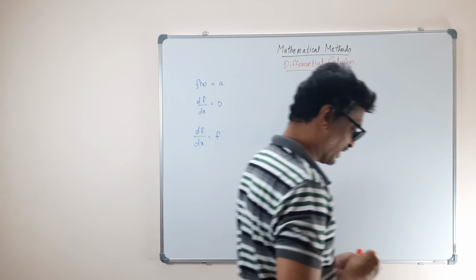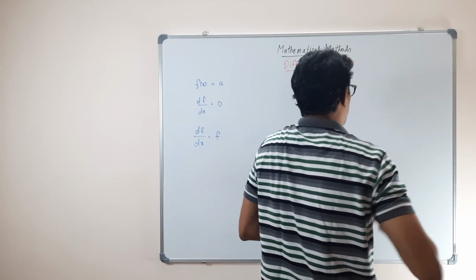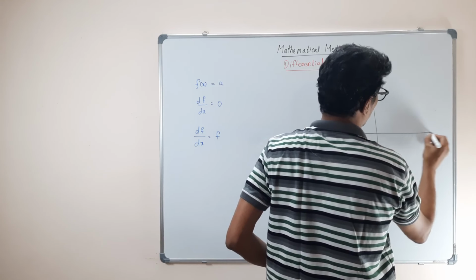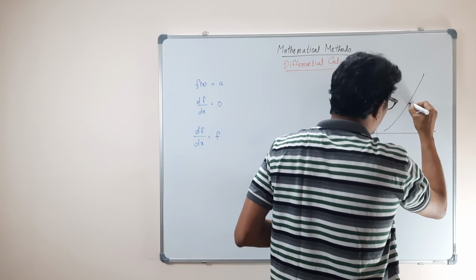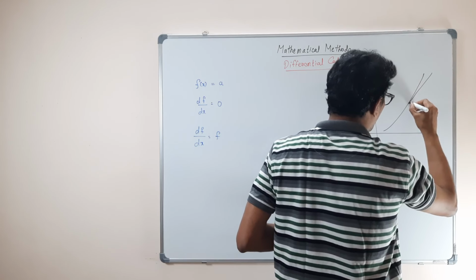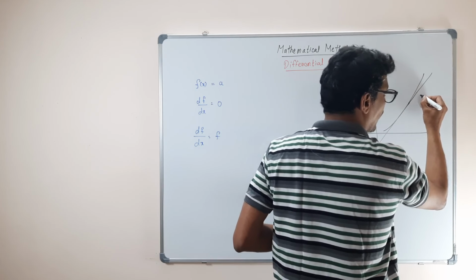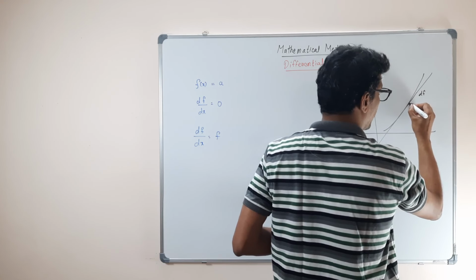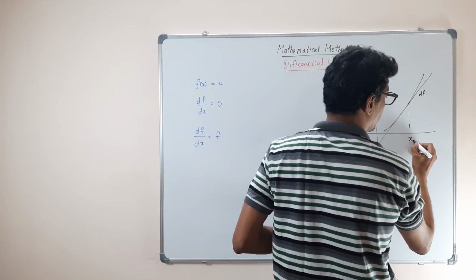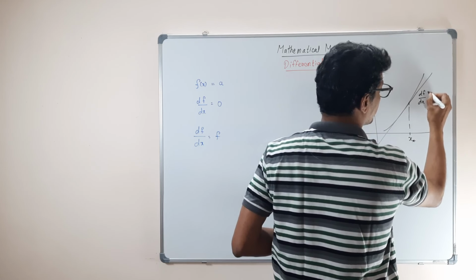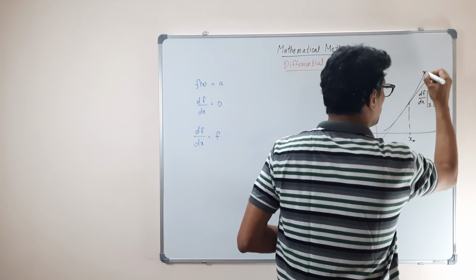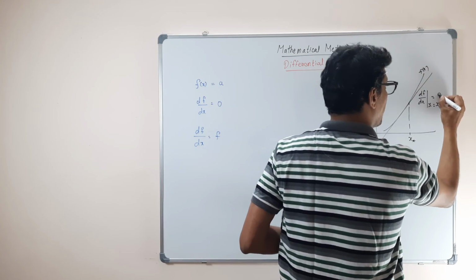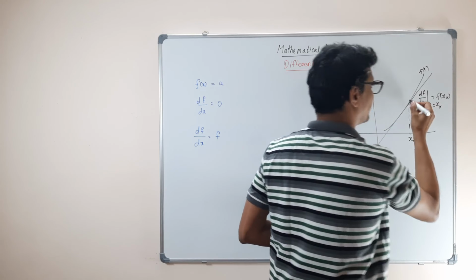The point I am telling you is, is there any function, say something like this or whatever it is, and I take the slope. The slope value, that is df at this point x star, df by dx at x equal to x star, is equal to f of x star itself.